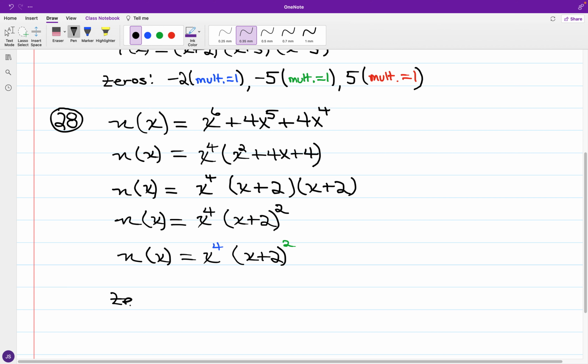And for the zeros, we have the variable factors at x as well as x plus 2. And from x, we have 0. And we're going to have the multiplicity value to be the degree to which x is raised, and so that is going to be 4.